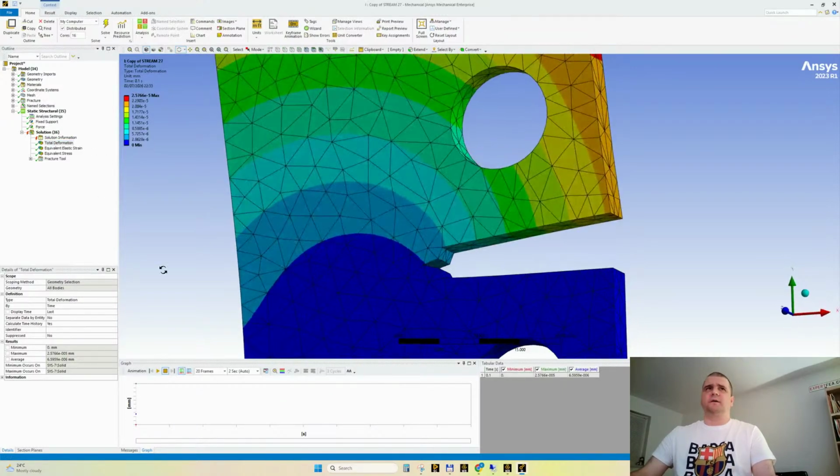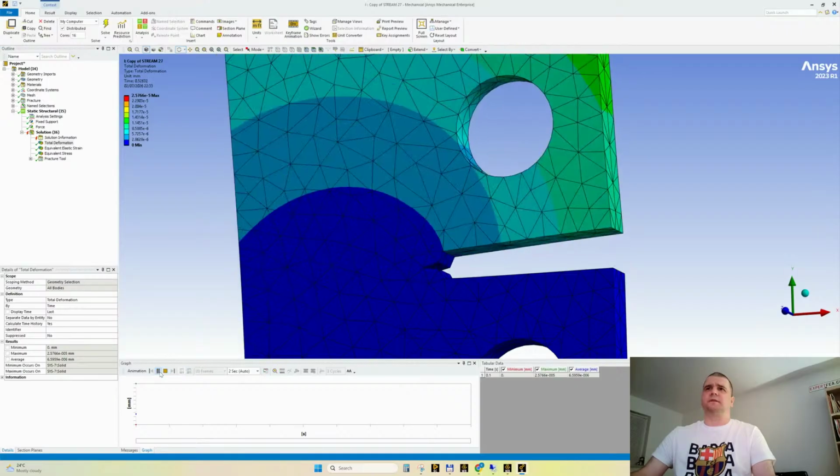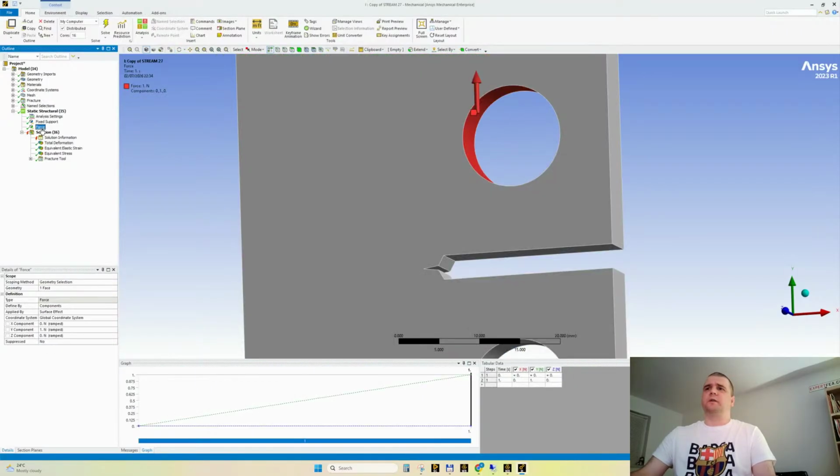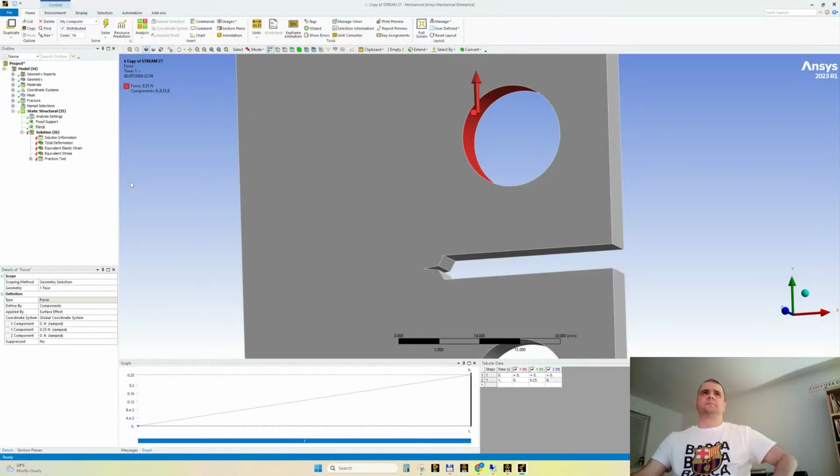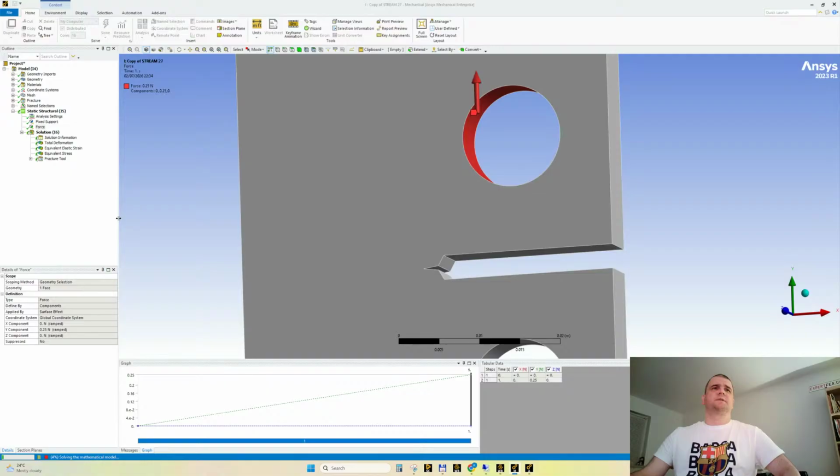Let's see if we have crack propagation for this value. No. So for 1 Newton, we do not have crack propagation. Do we have for 0.25? It's a problem with the units. I forgot to revert to meters and kilograms.